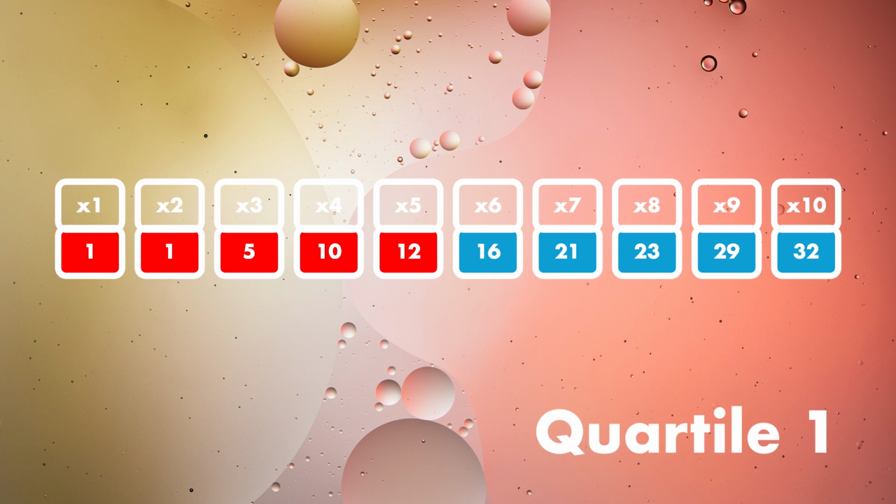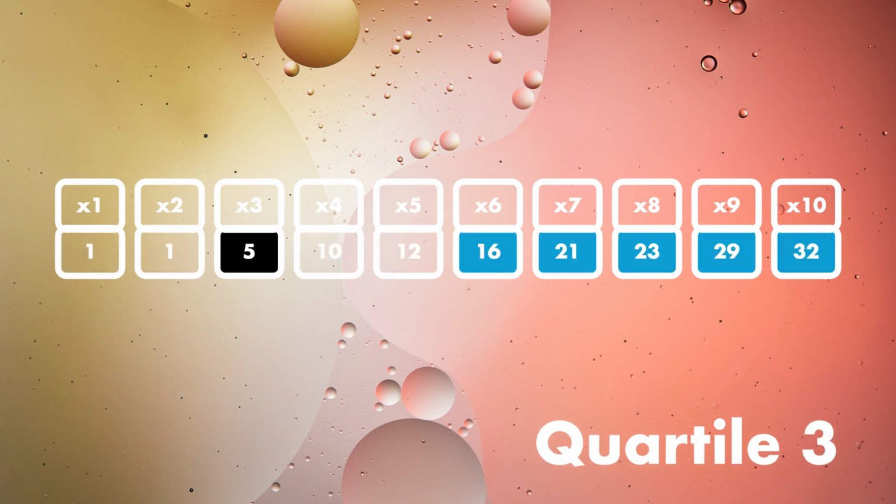The first quartile will be the value in the middle of the first subset. This subset has an odd number of elements, so the value in the middle is an element of the subset. The element in the third position is 5, so the first quartile is equal to 5.